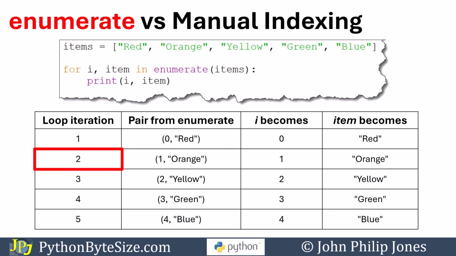The enumerate pair becomes 1 and orange, i becomes 1, and item becomes orange when we unpack the tuple pair. And finally, the 5th time round, you can see that we generate this tuple, and i becomes 4, and the item becomes blue because we unpack this tuple here.